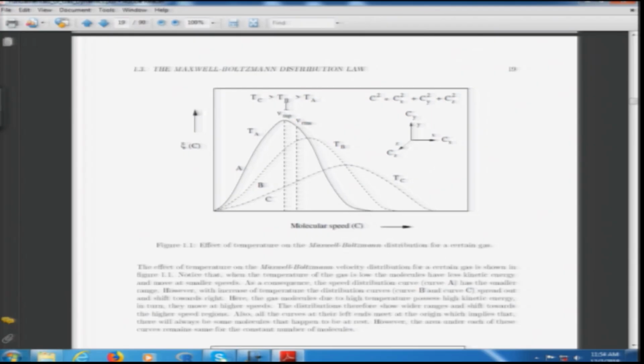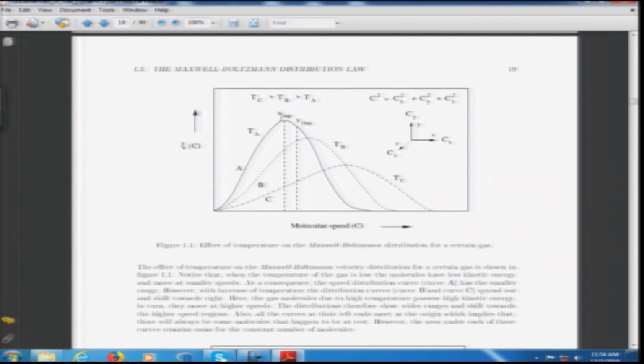We have denoted the maximum velocity as the most probable velocity. That means though a very small fraction of molecules have this velocity, this is the most common velocity observed in the molecules. This is the velocity in the speed distribution having the maximum probability.